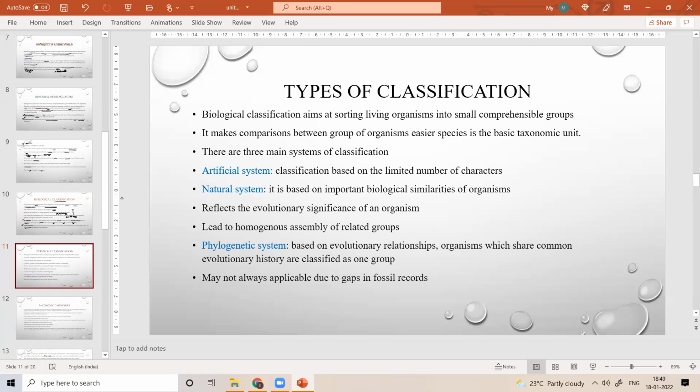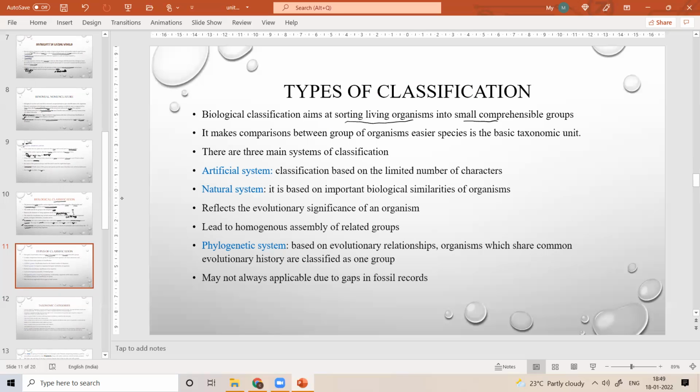Biological classification aims at sorting living organisms into small comprehensible groups so that we can study them easily. If we classify organisms into small related groups, we can understand them easily.